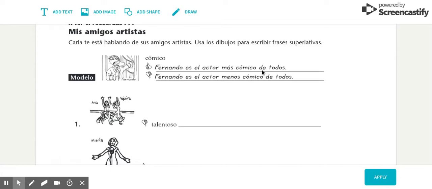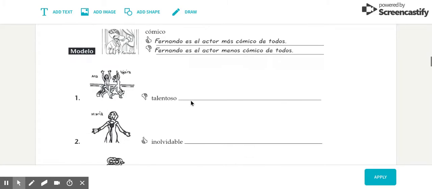He's the most funny actor, right? But if it's thumbs down, it's going to be the least of all. Fernando es el actor menos cómico de todos. And remember, that adjective always is going to agree with the subject in gender and number. Okay, so let's go to number 1. Número uno.